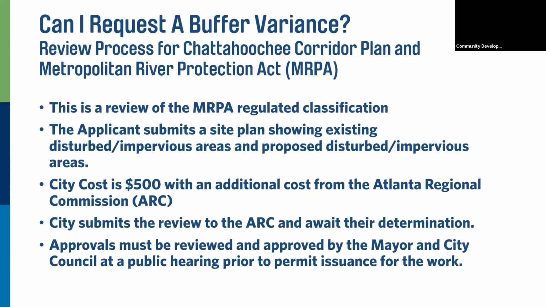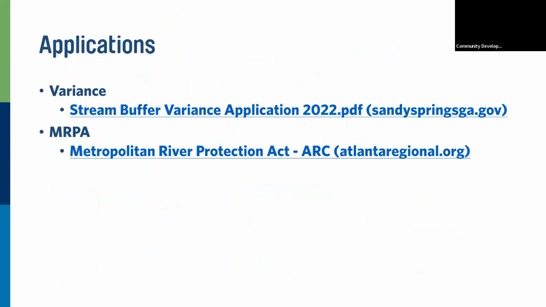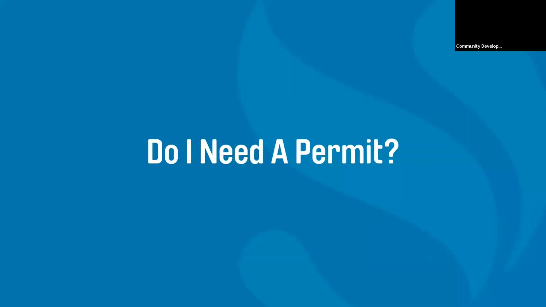Any property within that, if we go into our GIS, you're able to click on the layer and see in a hashed area how that shows up, and whether your property is in the river corridor. Here on your screen, you have the two ways to do so. These are both active links, and you can get the application for the city buffer, and review questions regarding the Metropolitan River Protection Act.